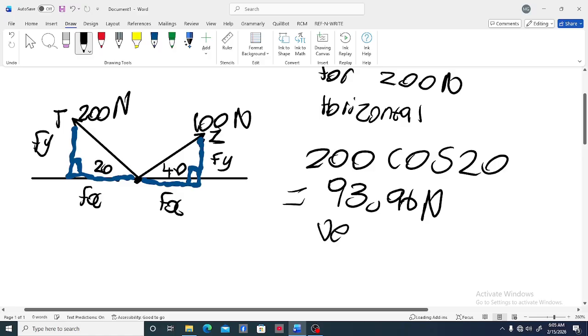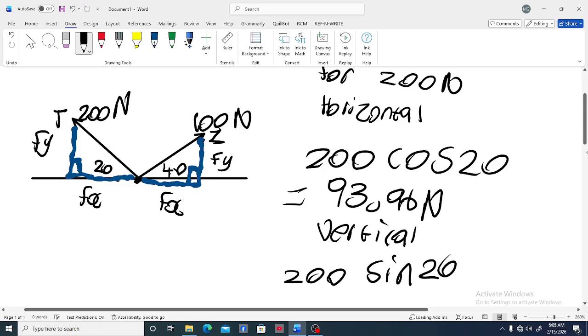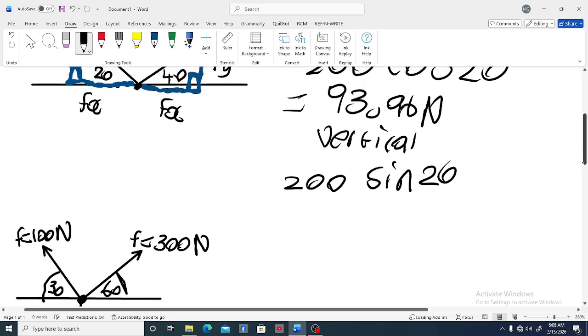And for the vertical component, we're just going to say 200 sine 20.